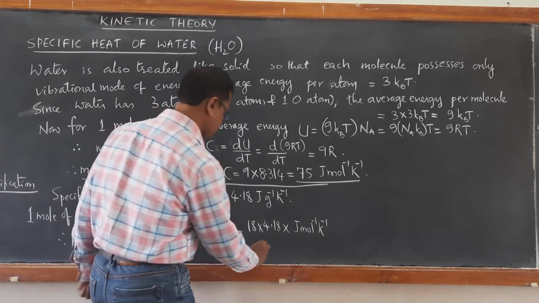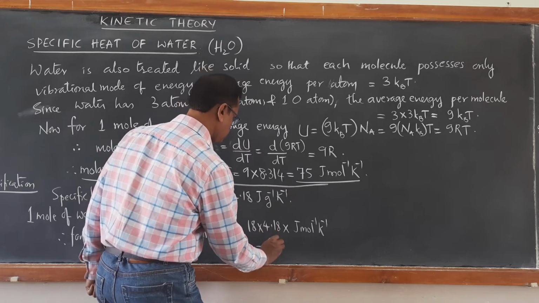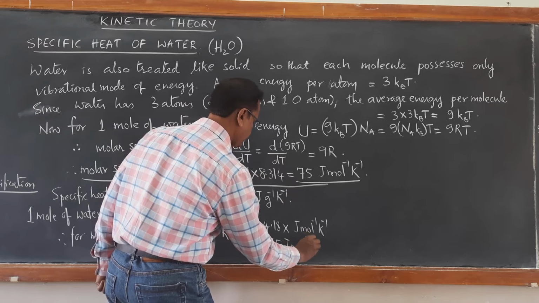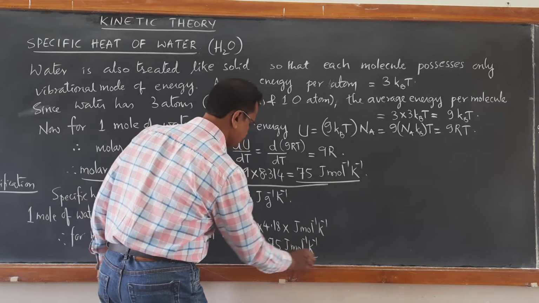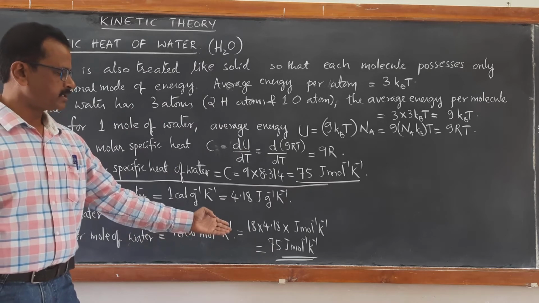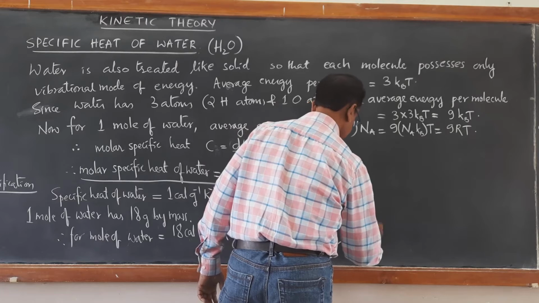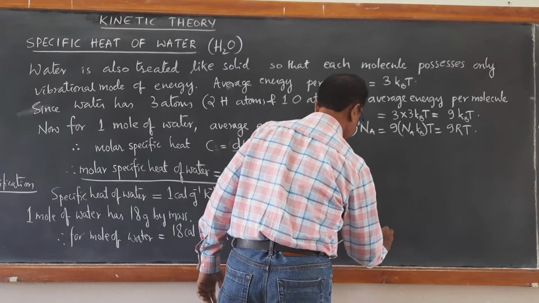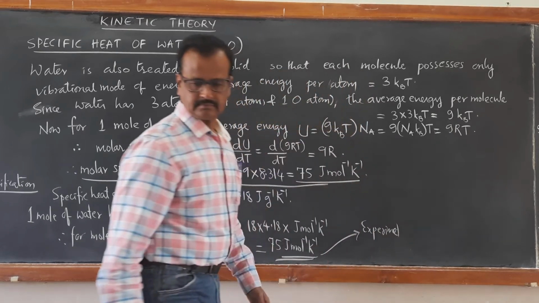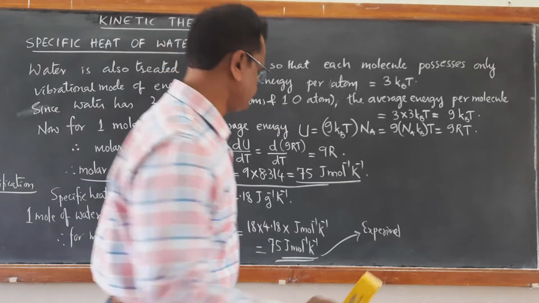If you calculate, this also comes out to be almost 75 joule per mole per Kelvin. So this is the value obtained from experiments, the experimentally observed value.